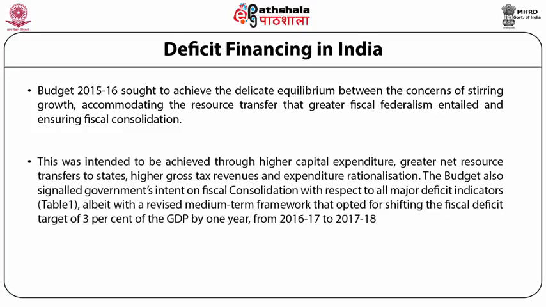This was intended to be achieved through higher capital expenditure, greater net resource transfers to the states, higher gross tax revenues, and expenditure rationalization. The budget also signaled the government's intent on fiscal consolidation with respect to all major deficit indicators, as shown in Table 1, with a revised medium-term framework that opted for shifting the fiscal deficit target of 3% of GDP by 1 year, from 16-17 to 17-18.